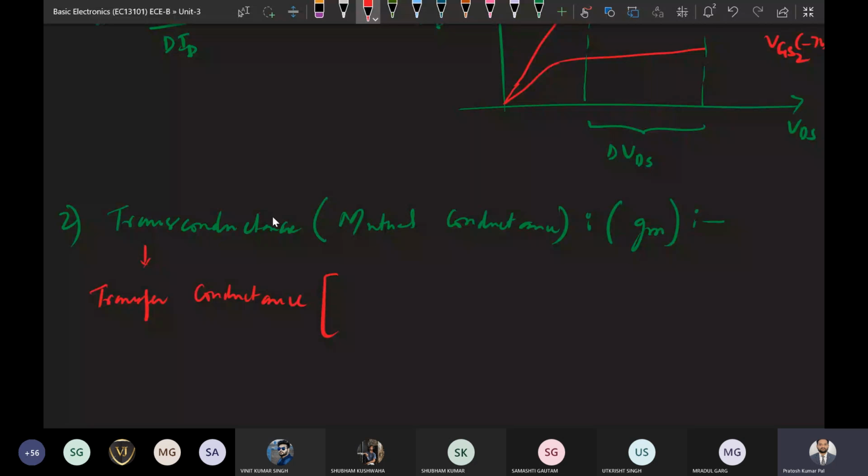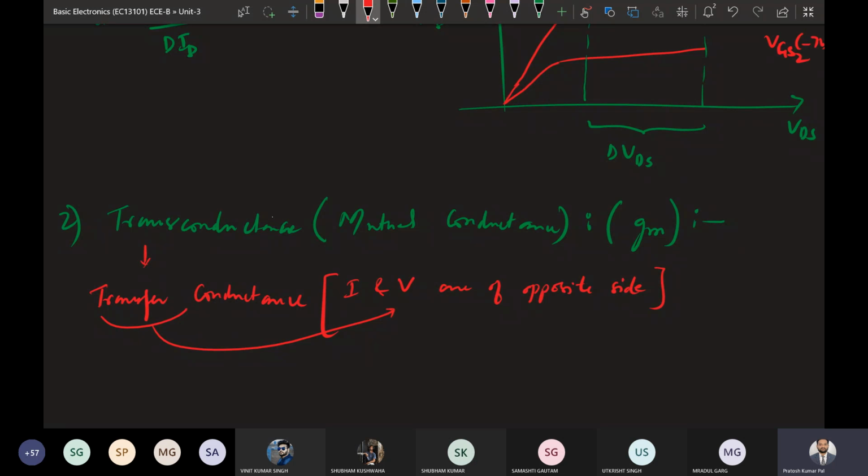So transfer means whatever the current and voltage are there, one will be from the input side, another one will be from the output side. Okay, so here transfer means that the I and V will be of opposite side.